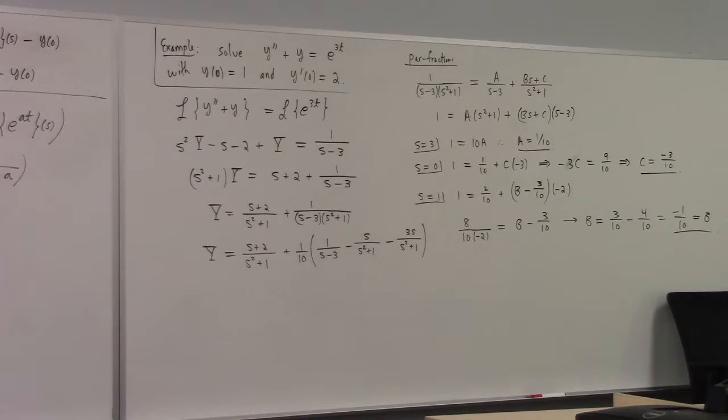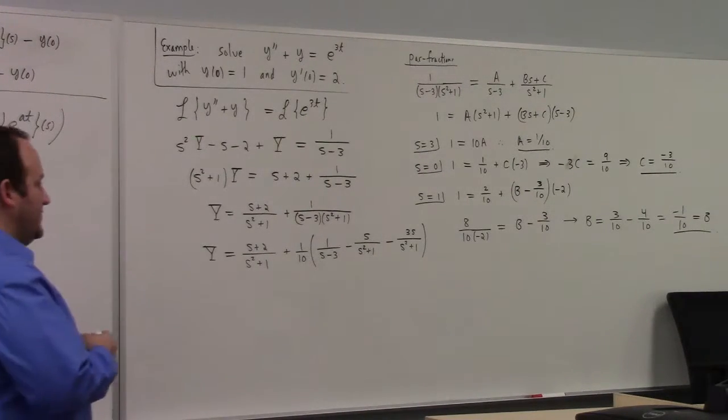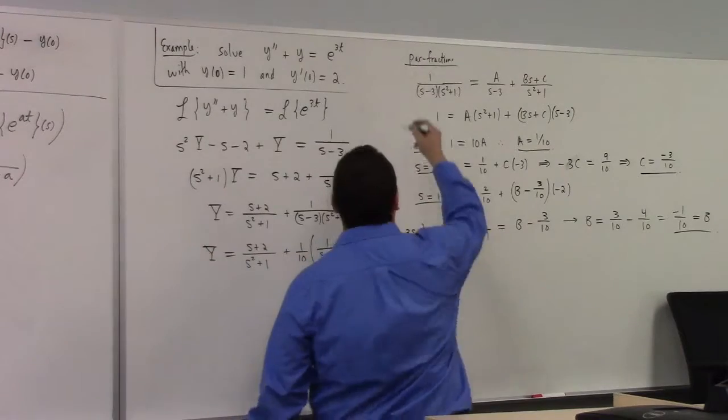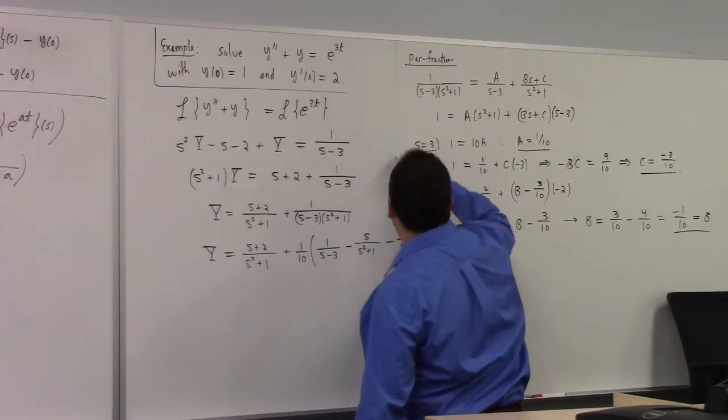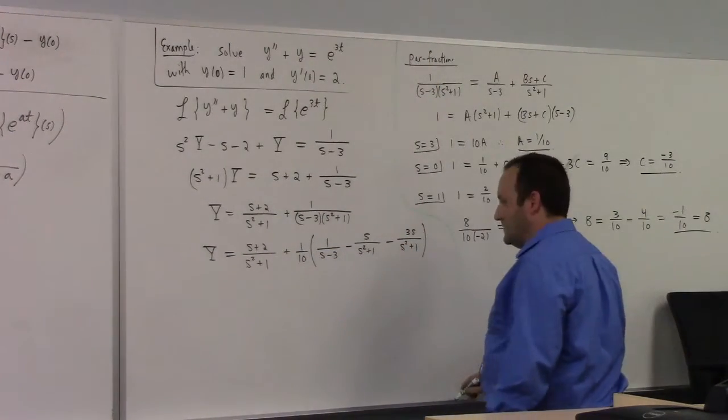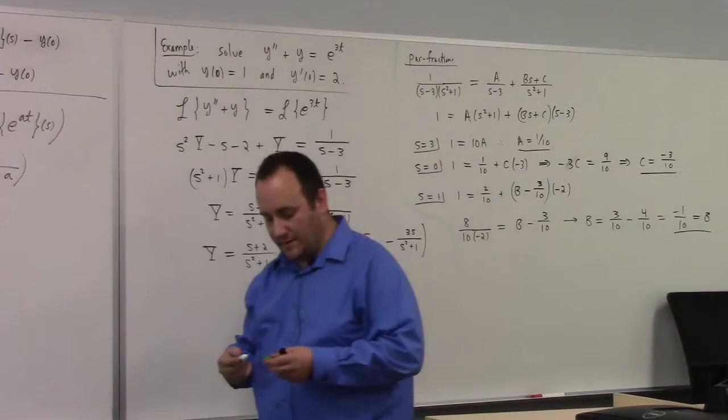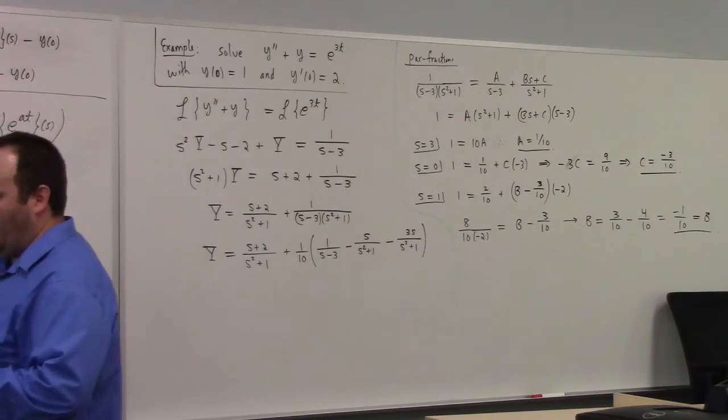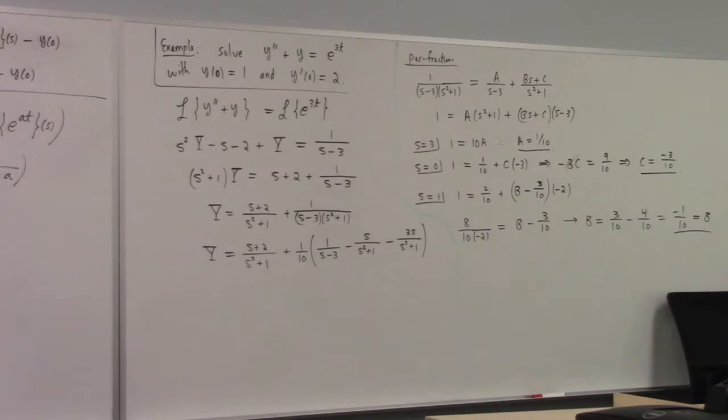Now, of course, you can ask the question, why did you do this partial fractions, right? I mean, that's an obvious question you should ask. It's like, that's great. Why on earth did you do that? There's a very simple reason I did that. How do you solve a differential equation here? You take the Laplace transform, right? Solving the differential equation involves undoing the Laplace transform.